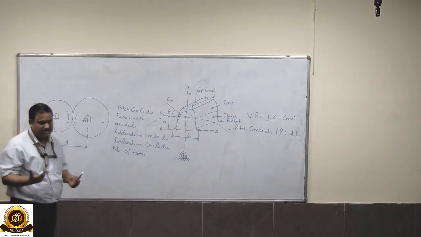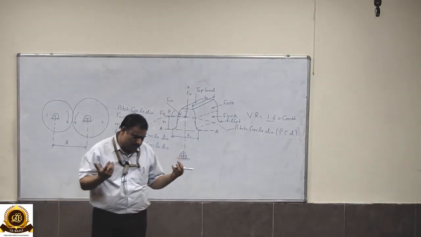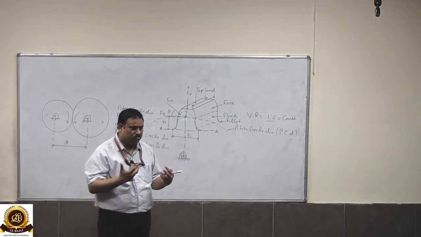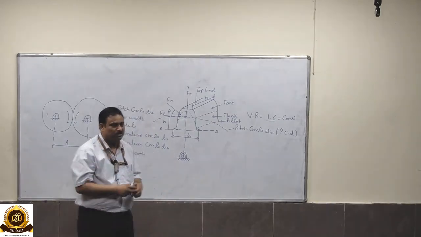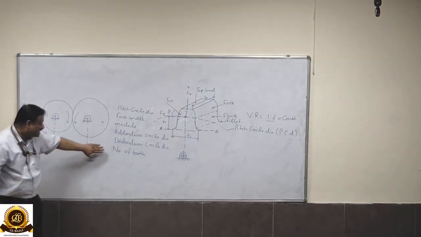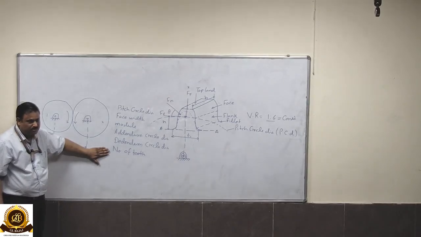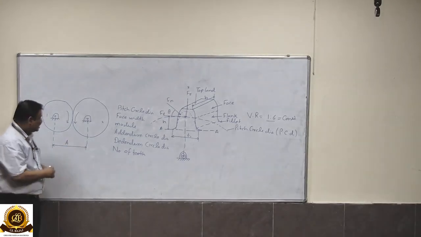So interference is a phenomenon where the gears can cut the material. One tip of the tooth can remove the material from the root also. So we have to select the number of teeth in order to avoid the interference between the two mating gears.